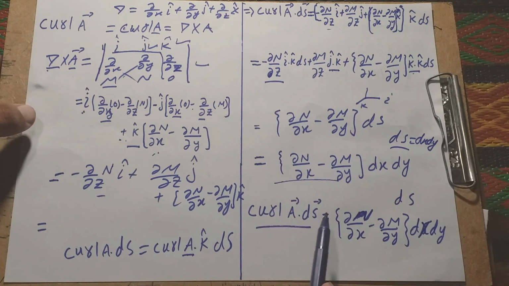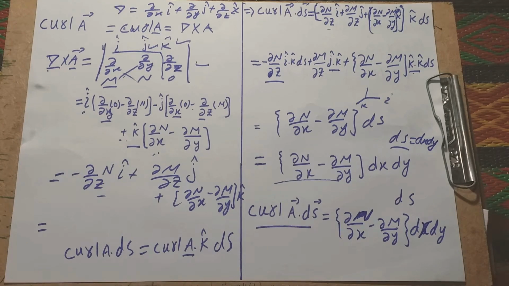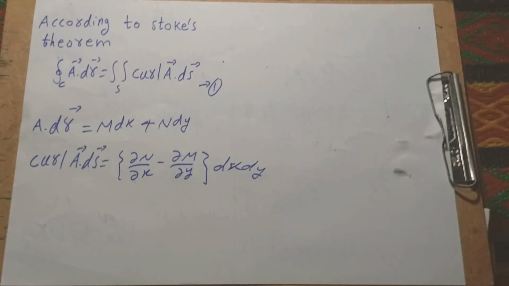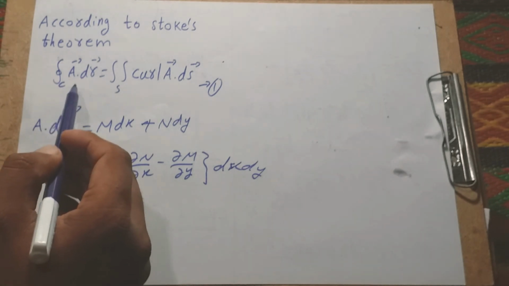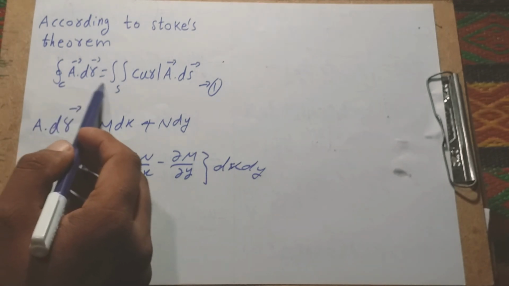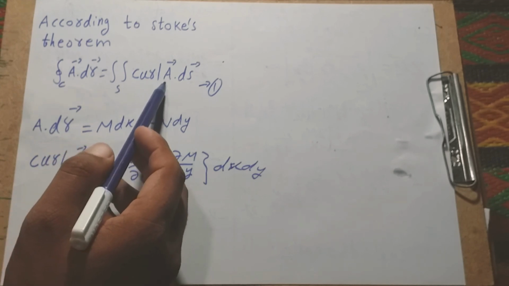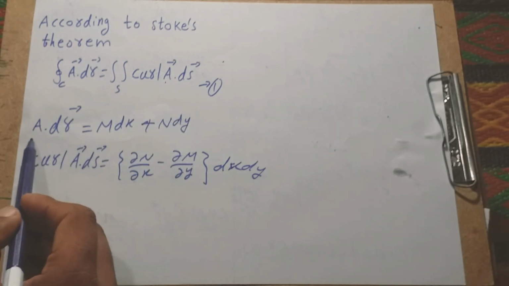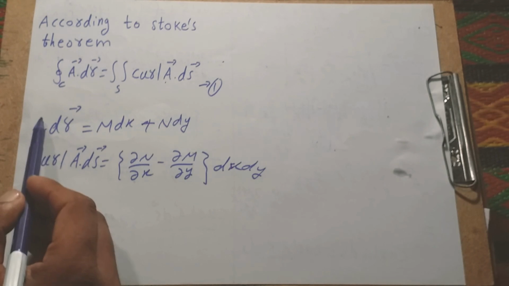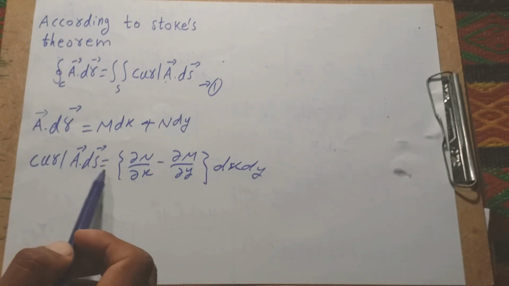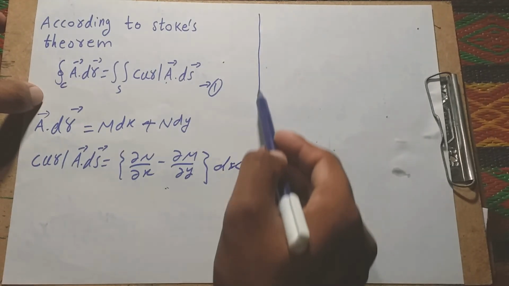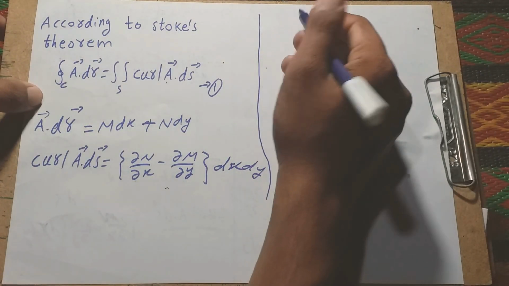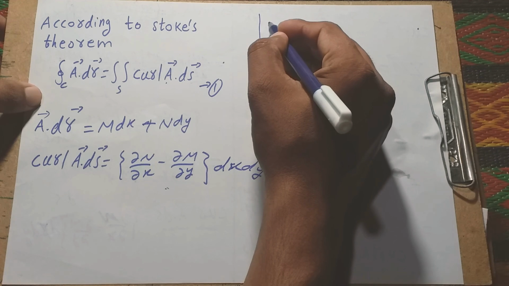We obtain this value according to Stokes' theorem: the integral of A dot dr is equal to the double integral of curl A dot dS. We find the A dot dr value and also the curl A dot dS, put these values in equation 1, and obtain Green's theorem.